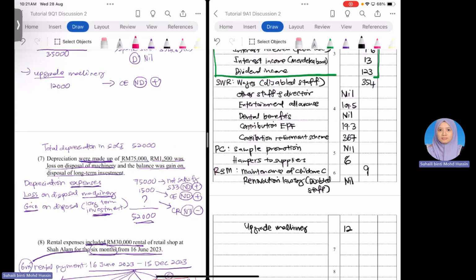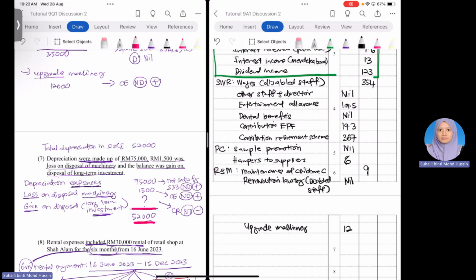The first item is 75,000 ringgit depreciation, 1,500 ringgit for the loss on disposal of machinery, and the balance is the gain on disposal of long-term investment. How do we get the amount of the gain on disposal? The amount in the SOCI is already given as 52,000 ringgit.